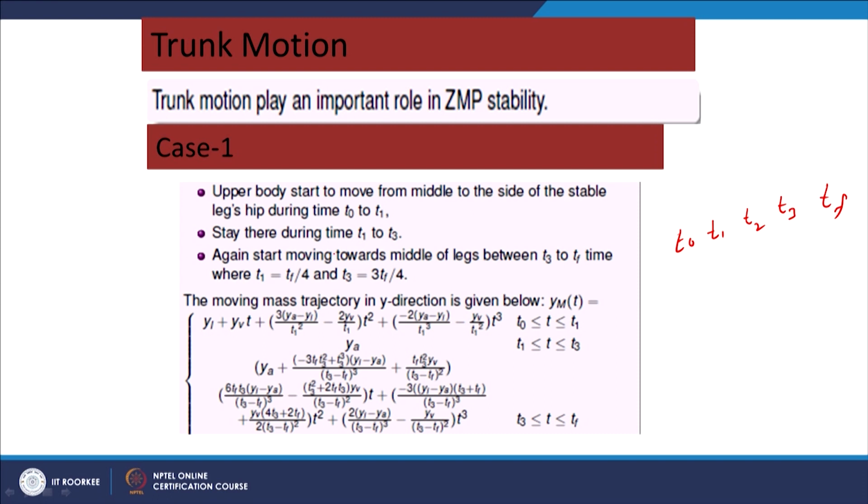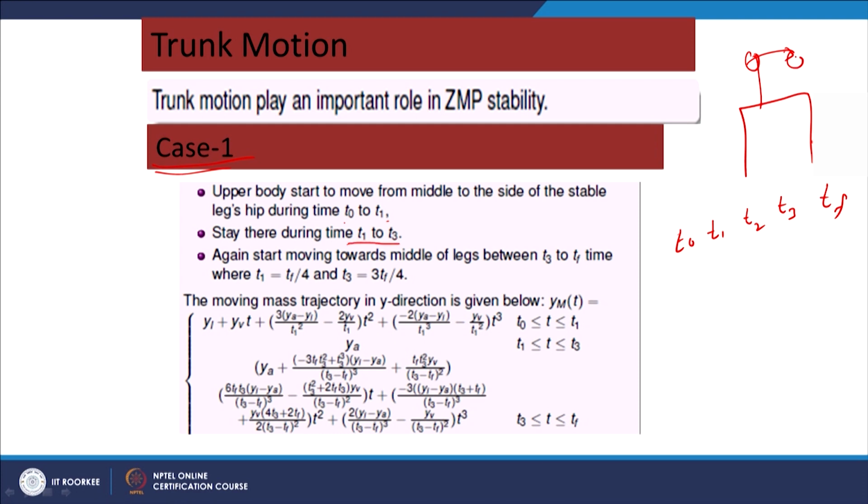So, case 1 of the upper body motion is that the upper body moves from time T0 to T1 from the middle of the 2 hip joints, and then it moves towards the stable leg, and it stays there during the time interval T1 to T3.